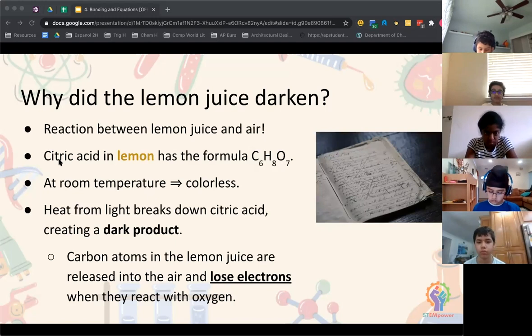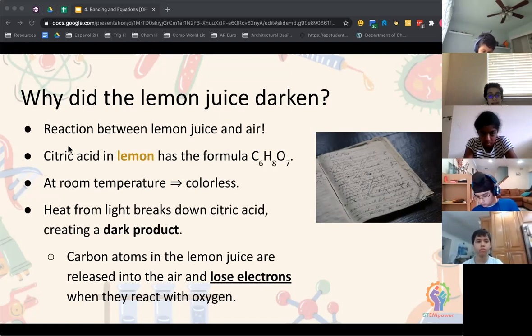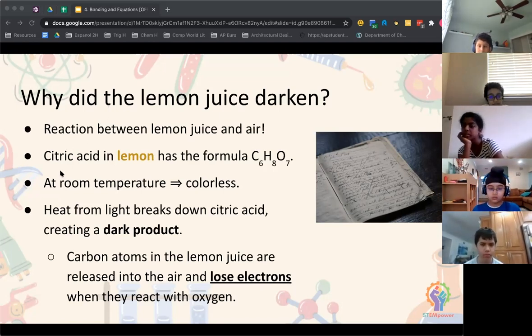And when carbon is by itself, it tends to darken. So in other words, when exposed to light and put under that energy source, the lemon juice reacts with the air, and the carbon breaks down and just turns darker. And this relates to what we were learning because the carbon atoms in the lemon juice, once they're released into the air, lose electrons once they react with oxygen.